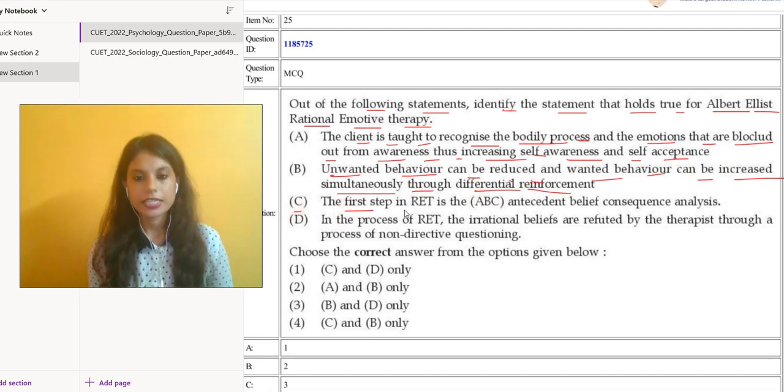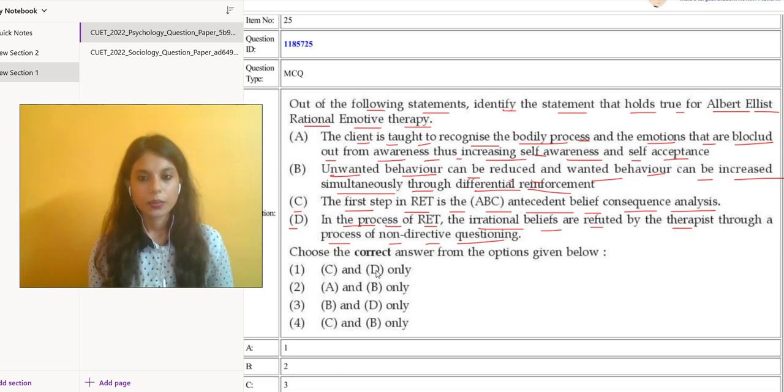C: The first step in RET is the ABC, antecedent belief consequence analysis. D: In the process of RET, the irrational beliefs are refuted by the therapist through a process of non-directive questioning.